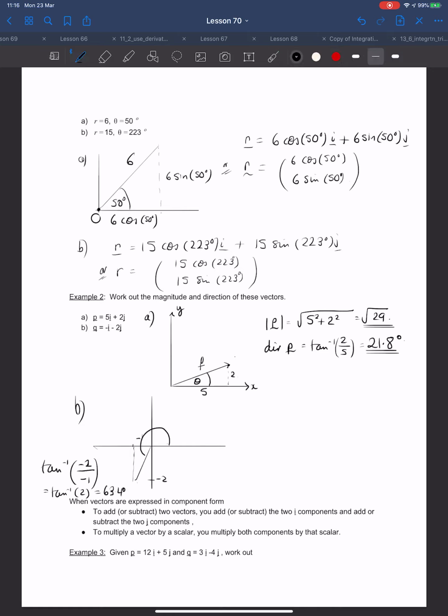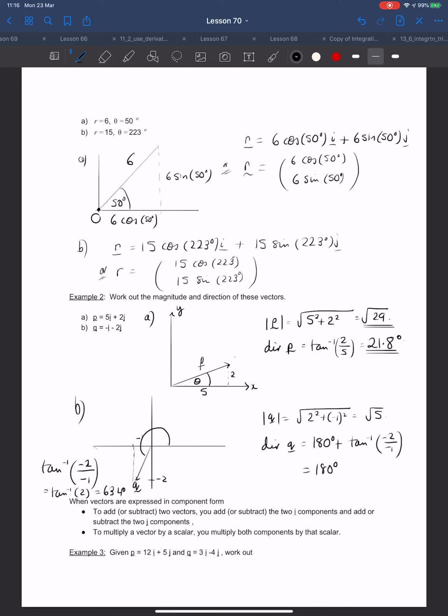Okay, so the modulus of Q is the square root of 2 squared plus minus 1 squared, square root of 5. The direction of Q is 180 degrees plus tan inverse of minus 2 over minus 1.